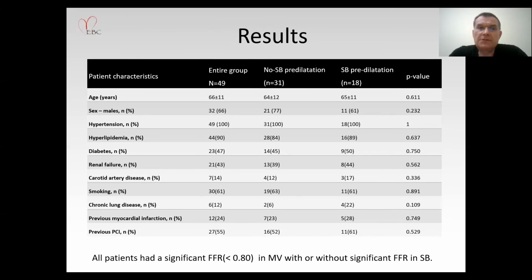These are patients without side branch predilatation and patients with side branch predilatation before stent placement in the main vessel, because these are probably representatives of the two assumptions, the circular to elliptical change and the elliptical to elliptical change, in our theoretical analysis.